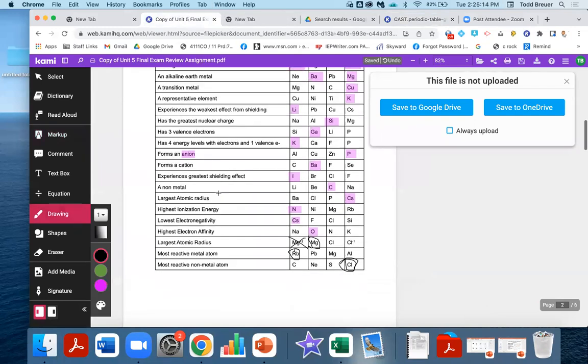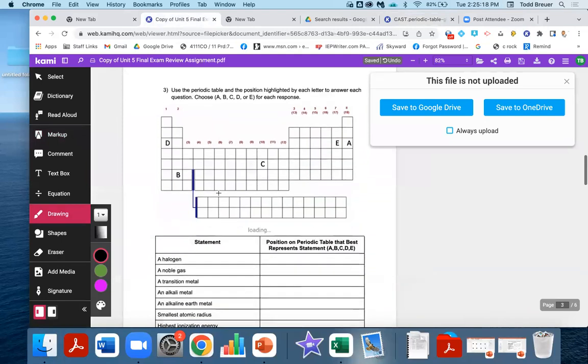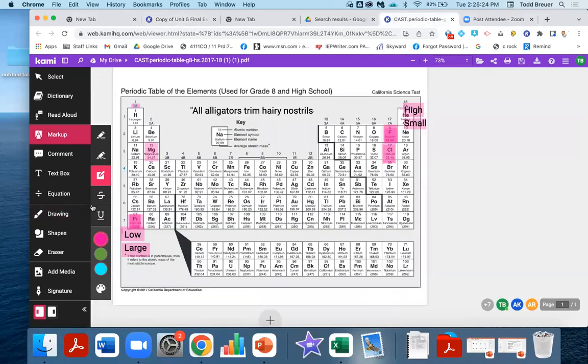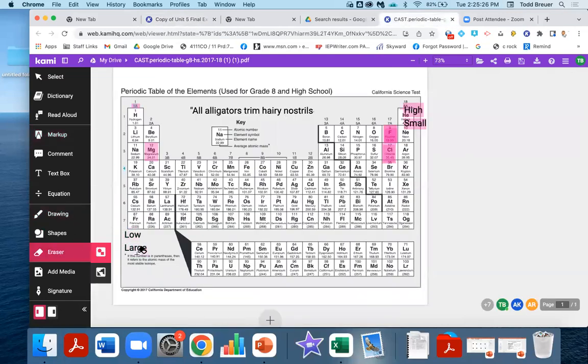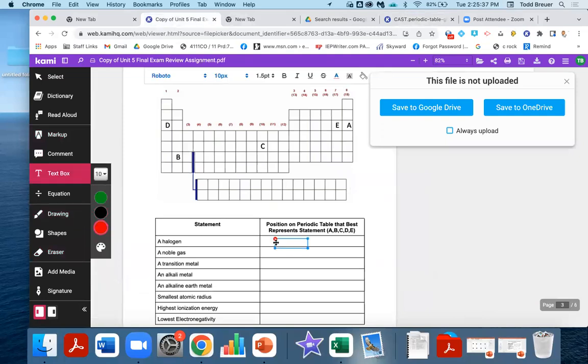Okay, so let's move forward with our assignment. Now we're looking for halogens, noble gases. Again, we go back to all alligators trim hairy nostrils, and that will allow us to locate the region those elements lie in. For our halogen, position E is where the halogens are.